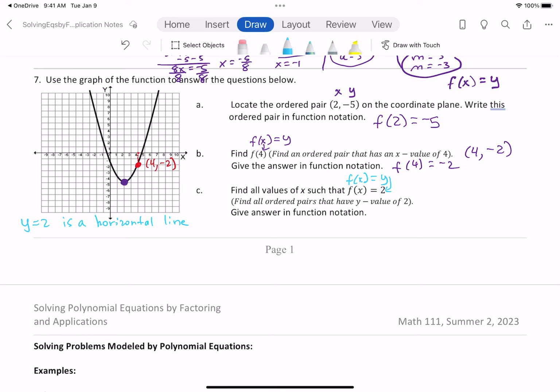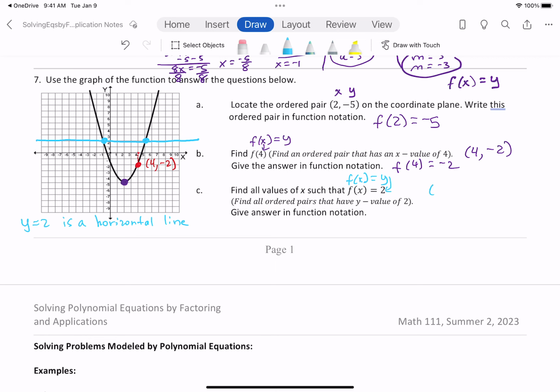So we're going to want any ordered pair along the horizontal line y = 2 that touches the given graph. So in this particular case, there's going to be 2 of them.